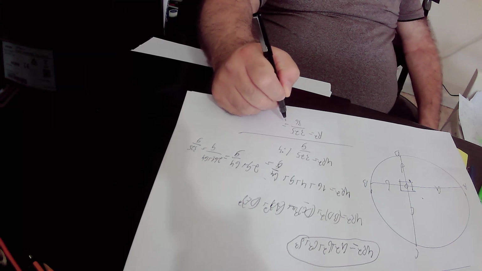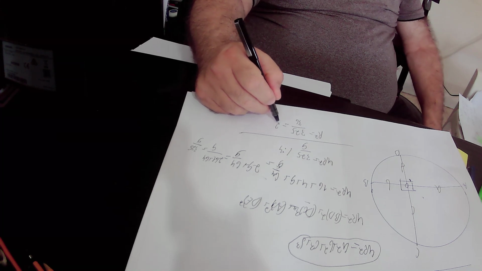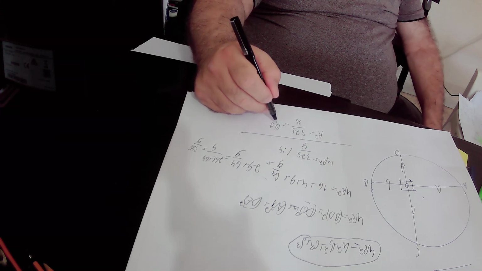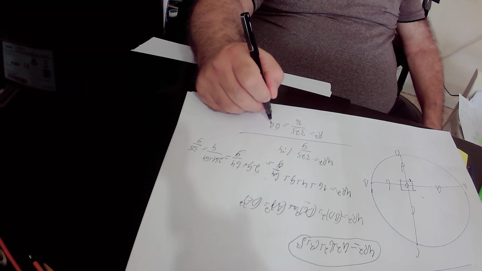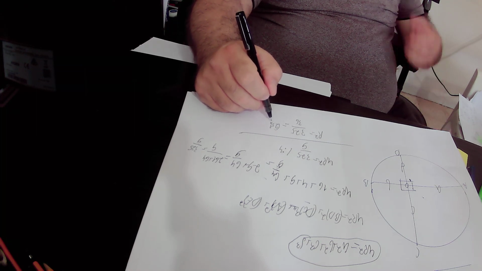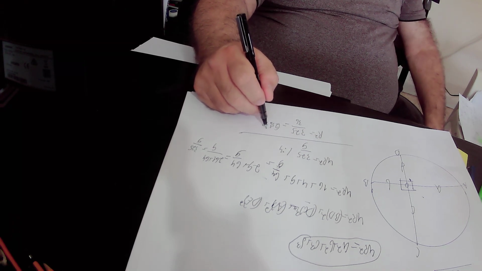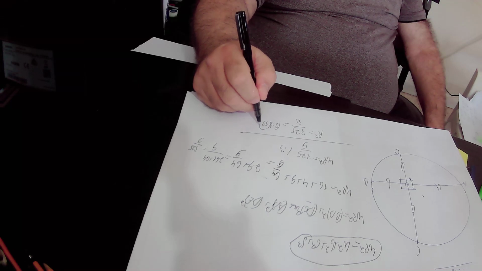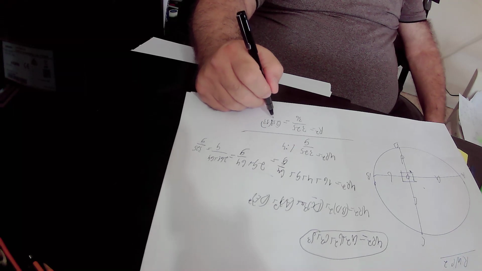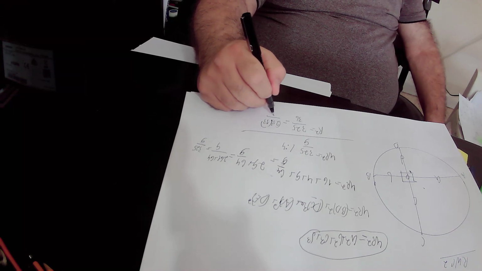So R squared equals 25 times 13, since 25 times 13 is 325, so it is 25 times 13 over 36.